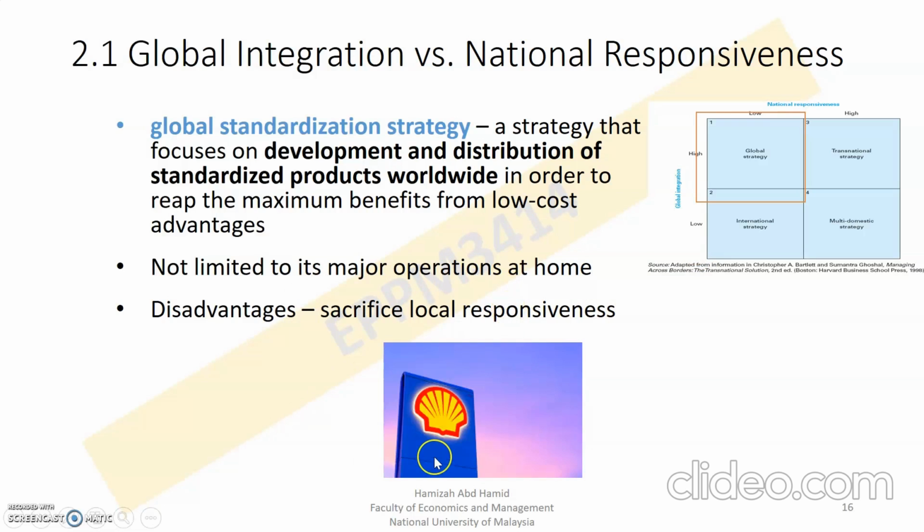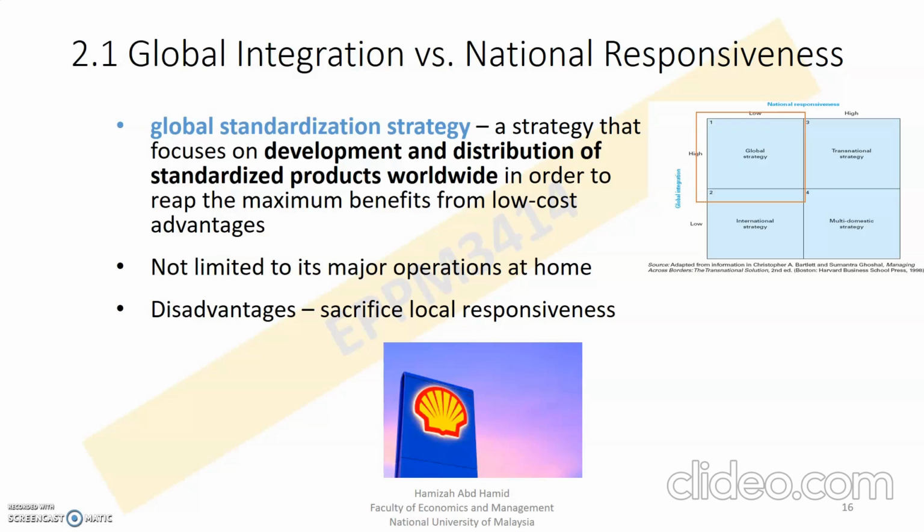For instance, I like to use an oil and gas company for this example. Usually, oil and gas companies have a few sources of raw materials, the oil rigs and all that.